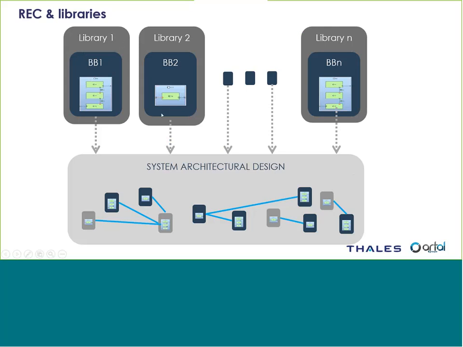So we will have potentially many libraries, and the system design is mainly about integrating, assembling these building blocks into a consistent design. Somehow, it could be seen as the opposite way of the top-down system to subsystem pattern. So that's more bottom-up, where you just integrate things, things being all in libraries.